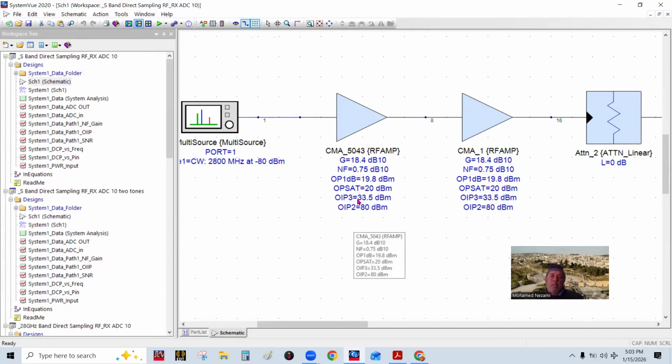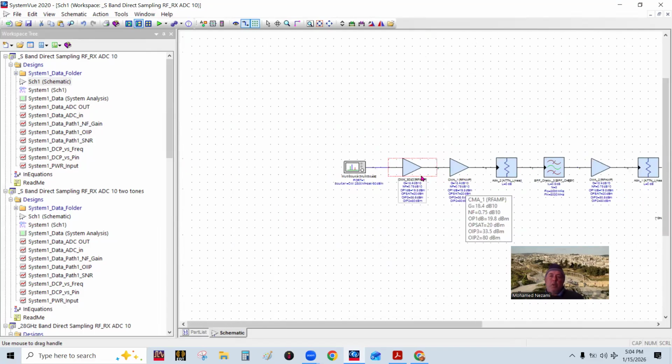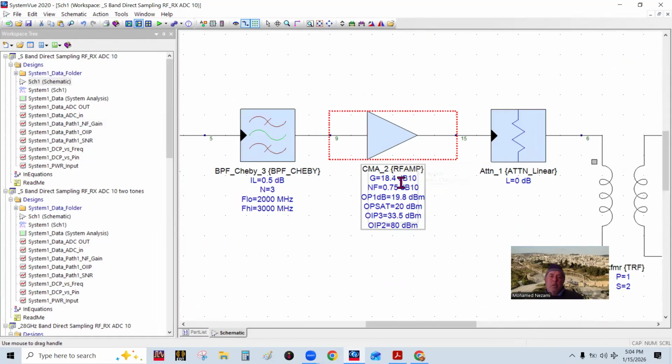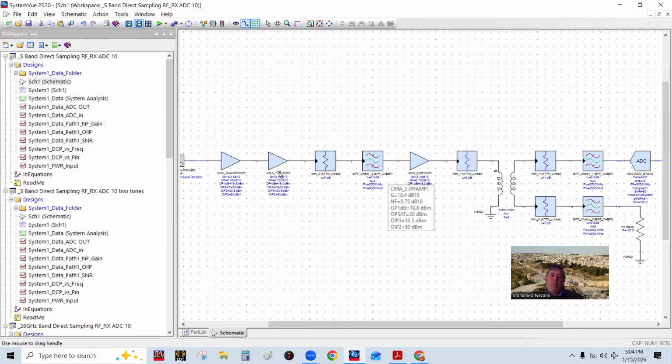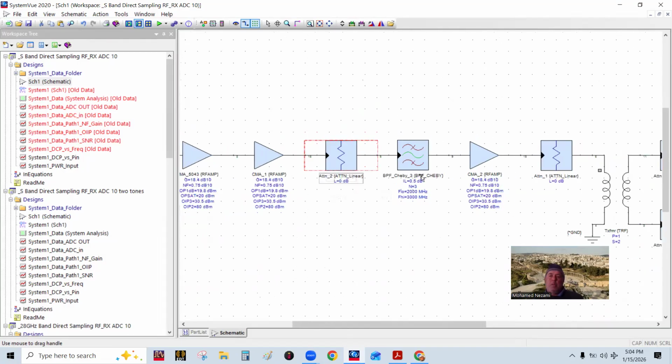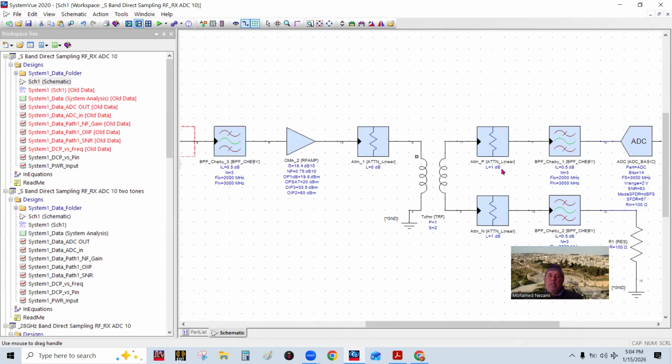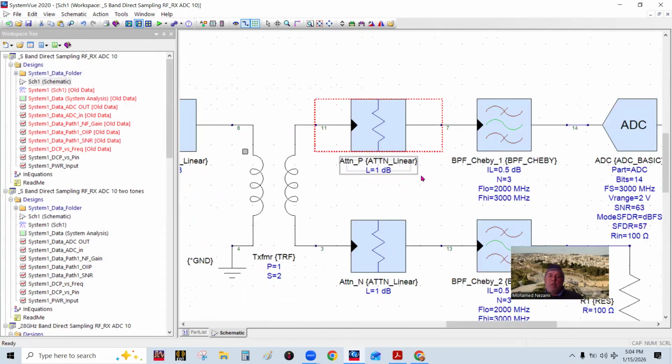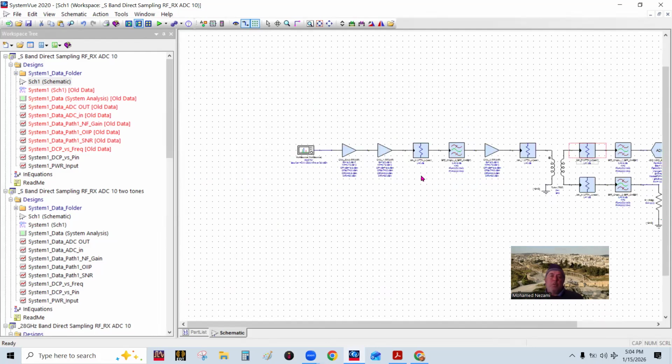Then I repeated it here, and also here. Of course, the gain of each individual device is 18.4. To control the overall gain to be 50, I threw in these pads, one in here, one in here, and one in here. These are used to control the gain.